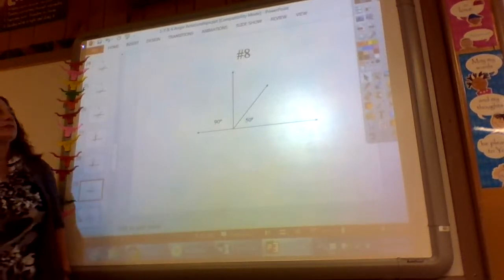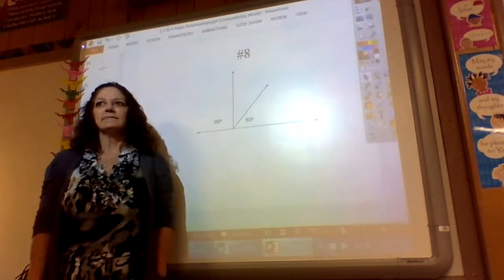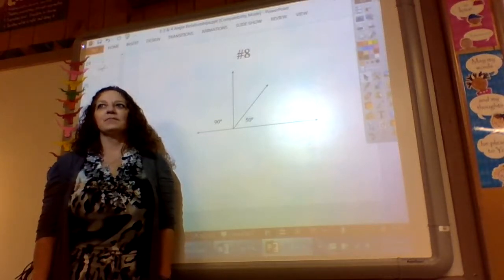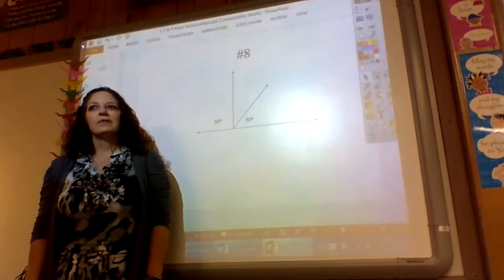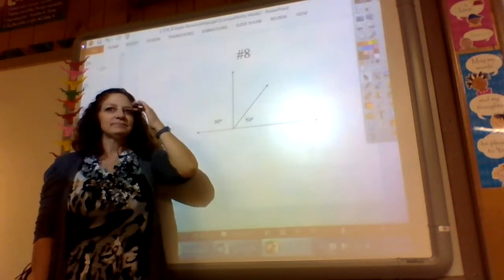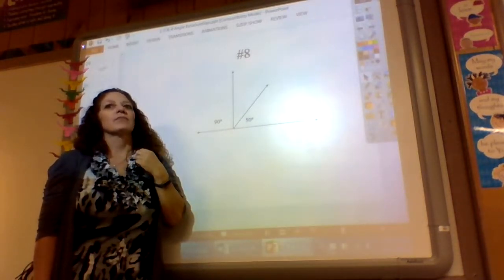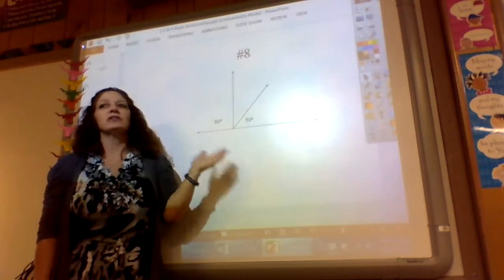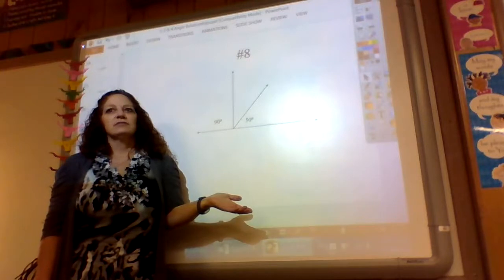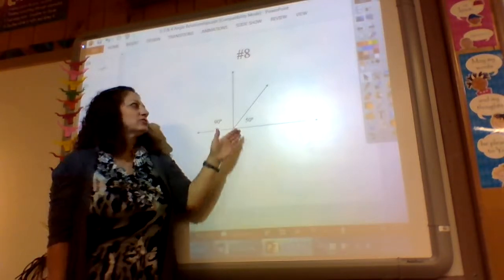90 and 50, is there any relationship there? What's their total? 140. So not complementary, not supplementary. Are they adjacent? No, they do not share a common side.